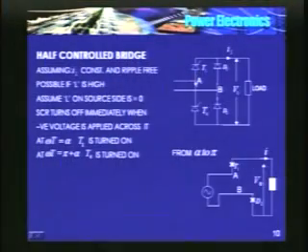In the positive half, of course, T1 and D3 form a common cathode configuration, and T4 and D2 form a common anode configuration. In the positive half, potential of A is higher than potential of B. So T1, if the gate signal is applied, can conduct.